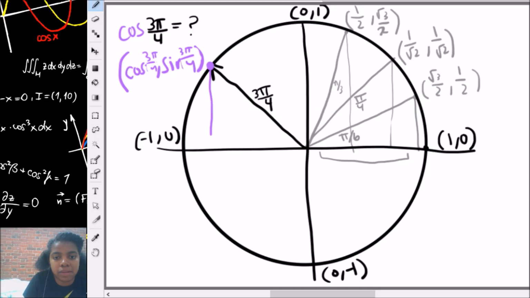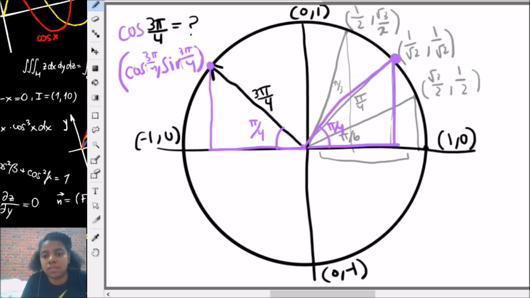And we've been thinking of this as triangles, so let's do a little triangle. And this angle is going to be pi over 4 because that's the difference. And we know what these 2 points are.